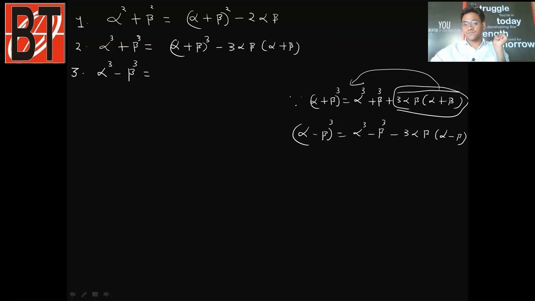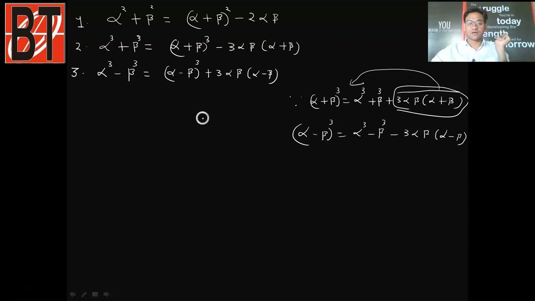But students, if you use this identity, you must be thinking, sir, here it's alpha minus beta, but we don't have alpha minus beta. So yes, I'll give you the expression for alpha minus beta also. I'm writing for alpha cube minus beta cube here. So alpha cube minus beta cube is going to be alpha minus beta whole cube plus 3 alpha beta into alpha minus beta.